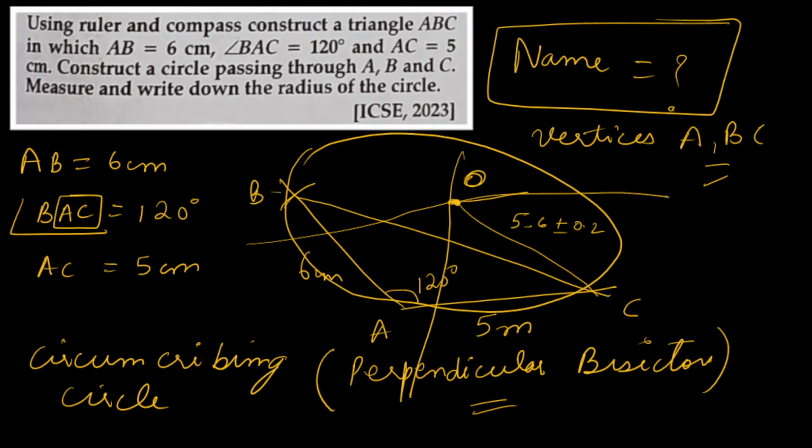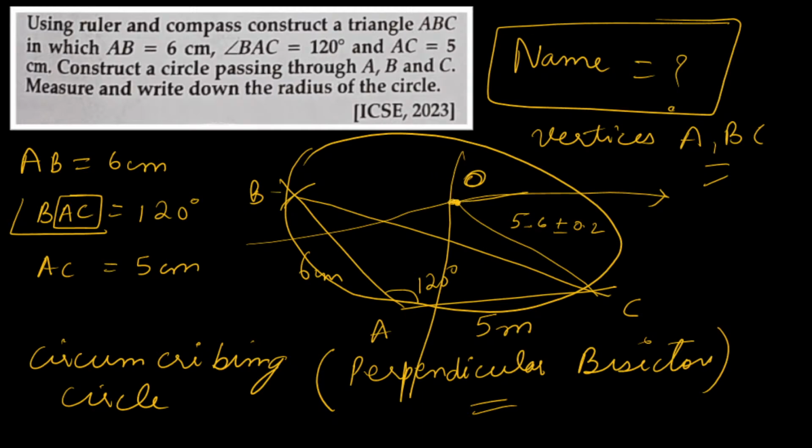Okay, what is the name of this center O? When we are drawing a circumscribing circle, what's the name of the center of the circumscribing circle? So this question came in last year's board exam also, as an MCQ. So that's why I'm just asking. Circumcenter, very good.